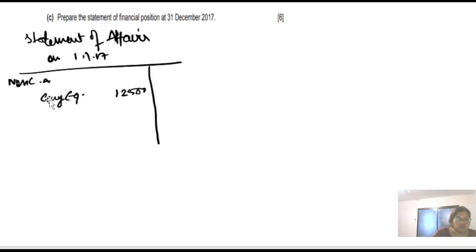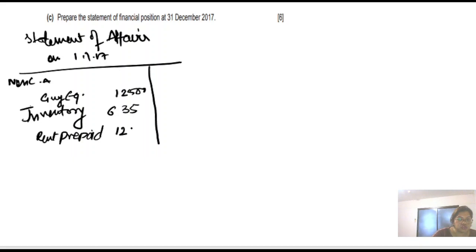For now we are going to do it step by step. Gym equipment is done. After that we write inventory, we have a 635 balance. Then rent, we have rent prepaid, and we use the balance given to you on 1st January 2017, that is your 1200.